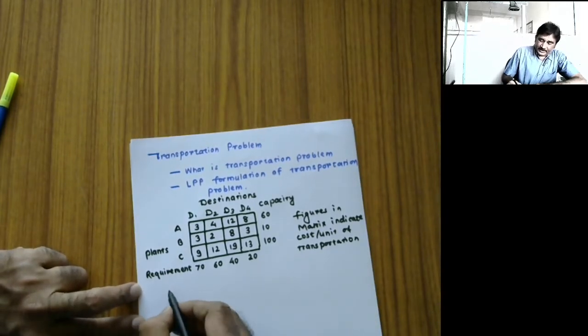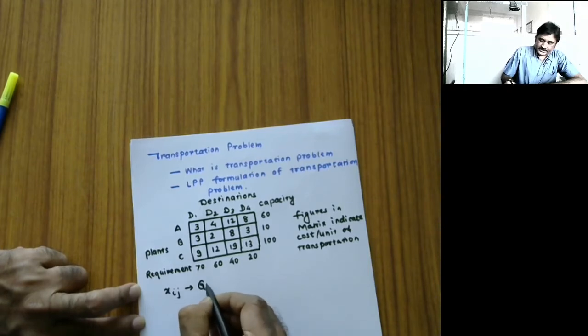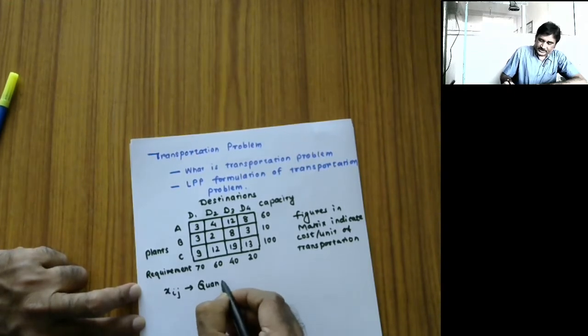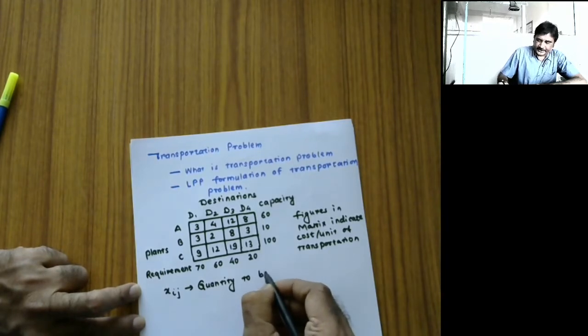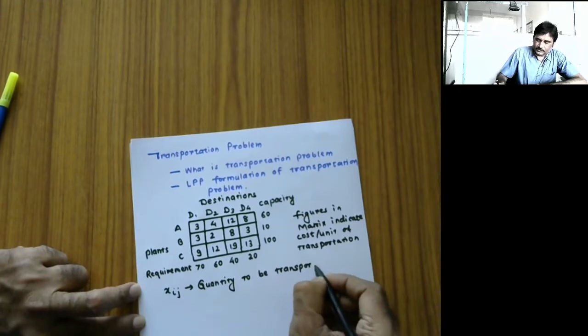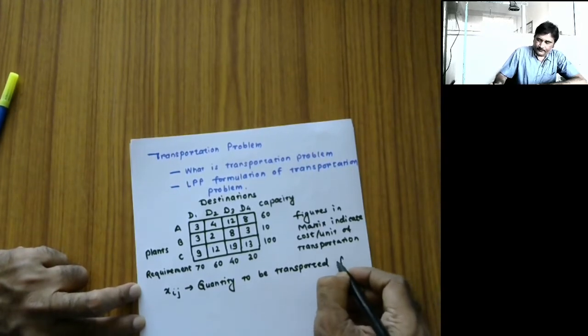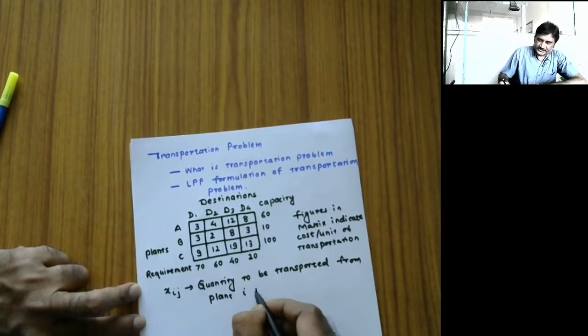So my variable in this problem is xij, that is standing for quantity. I want to decide in this problem the quantity to be transported from plant i to destination j.